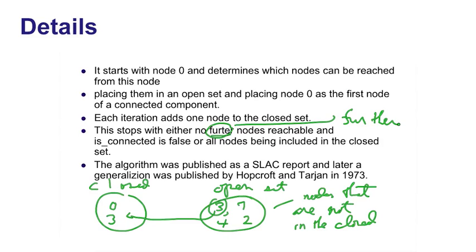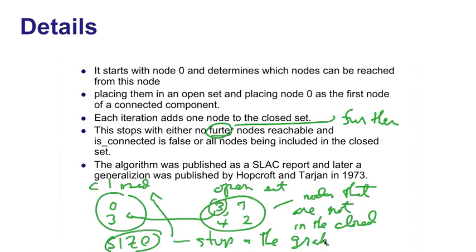So I'm not connected. Or the set of nodes that are now in the closed set are, in fact, size of them. And then we can stop and the graph is connected. So that's our algorithm. That's what we're going to implement.